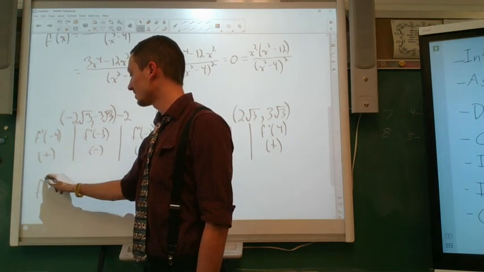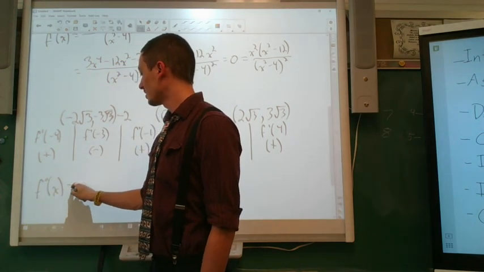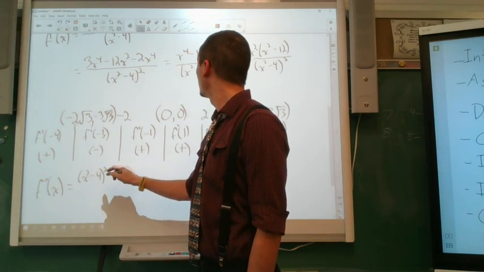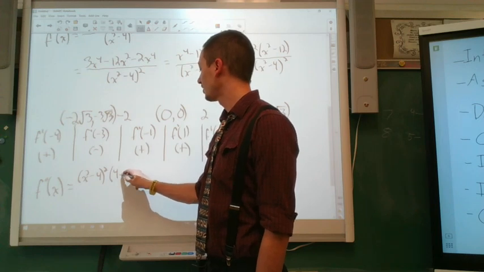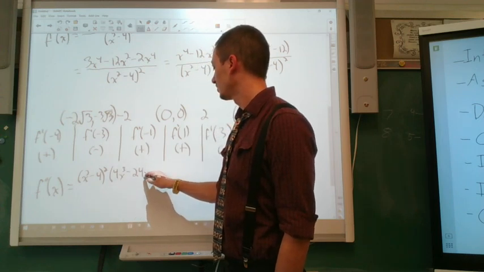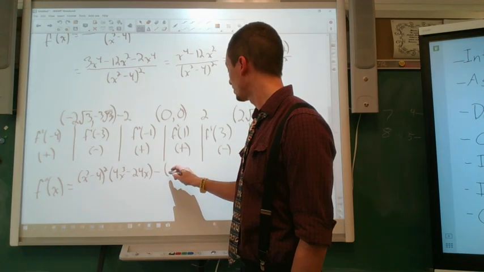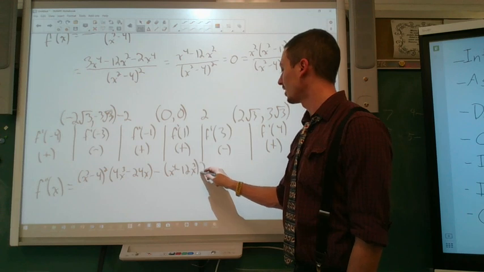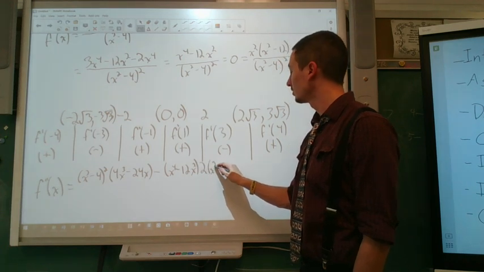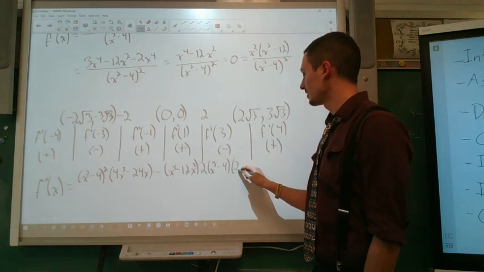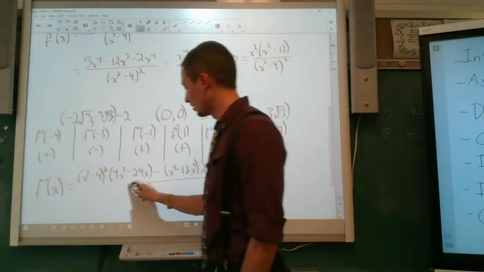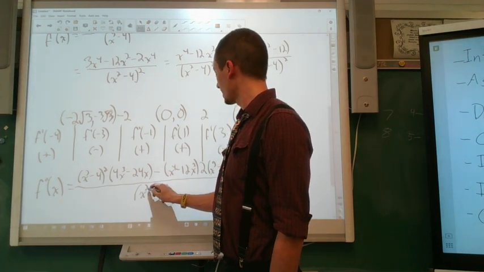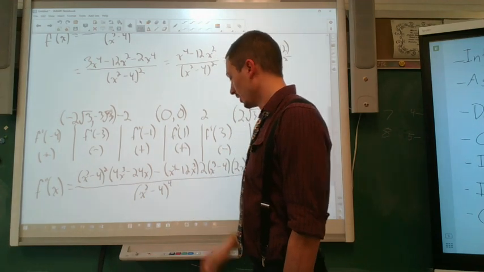So the second derivative is going to be the bottom times the derivative of the top minus the top times the derivative of the bottom, which we would have to use the chain rule, times the derivative of the inside, all over the denominator squared, which is (x squared minus 4) to the 4th.